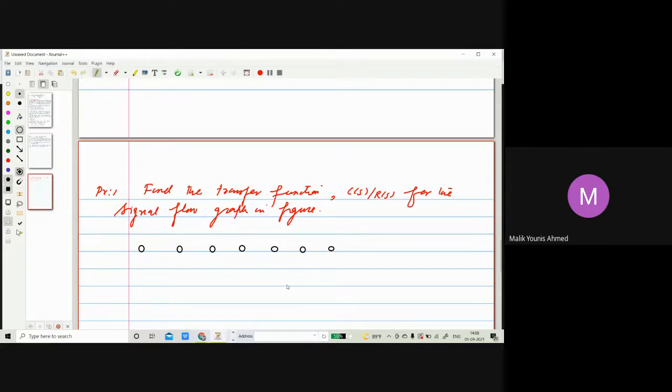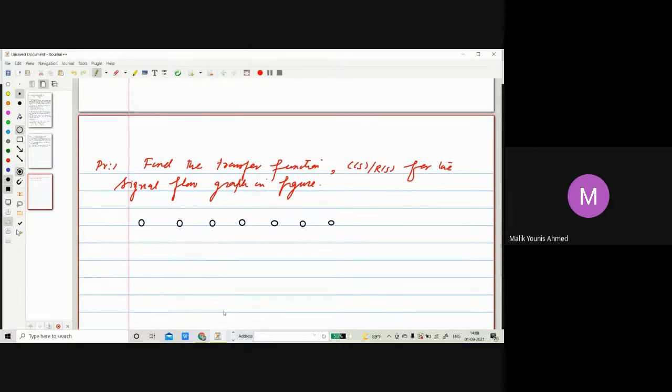Okay, I'm drawing the different nodes. Okay, so that's fine. Okay, that's all. These lines will be there.